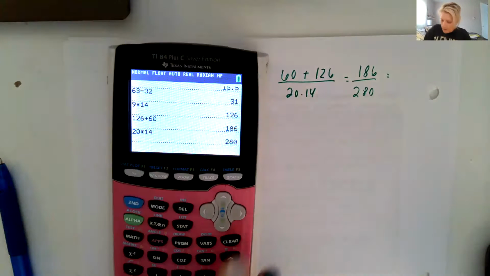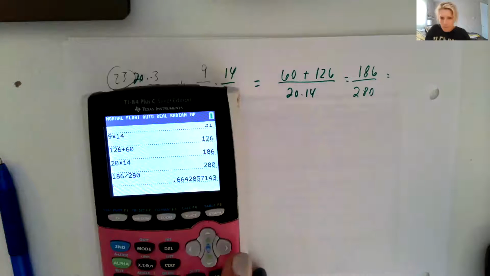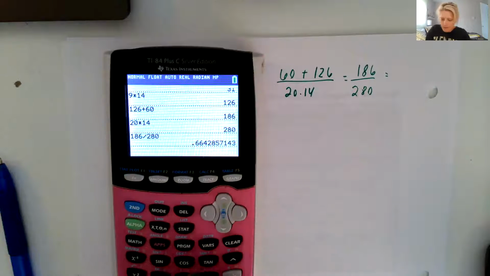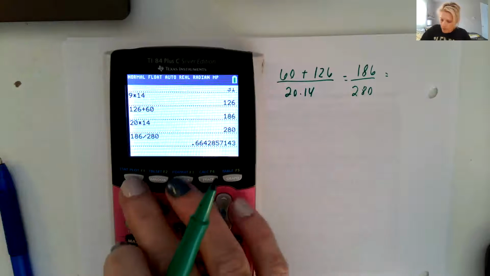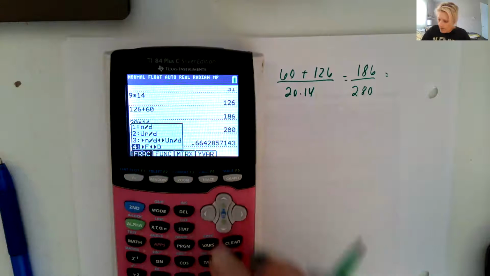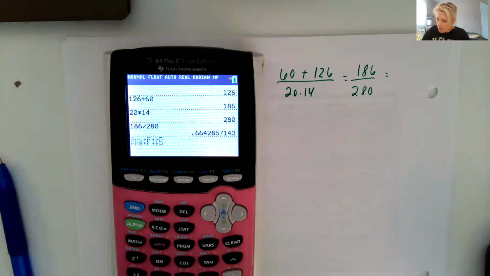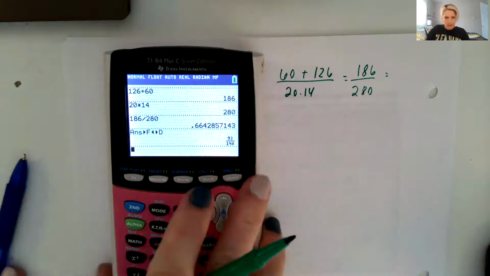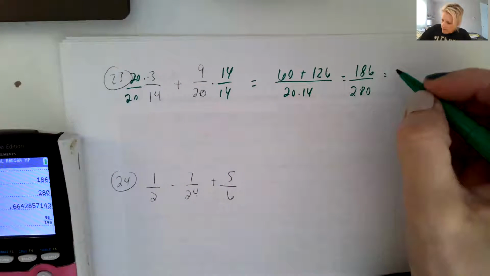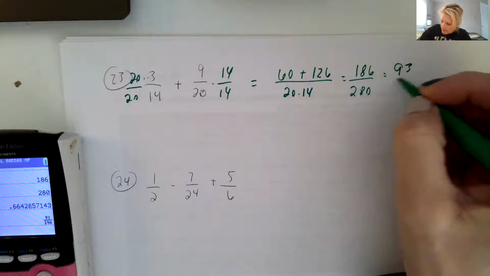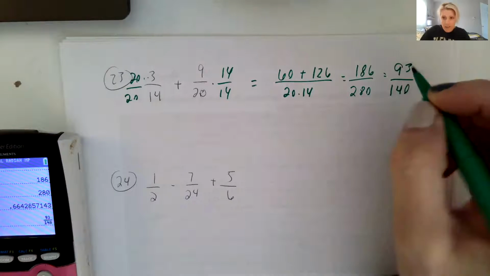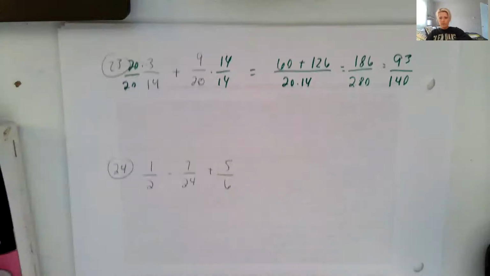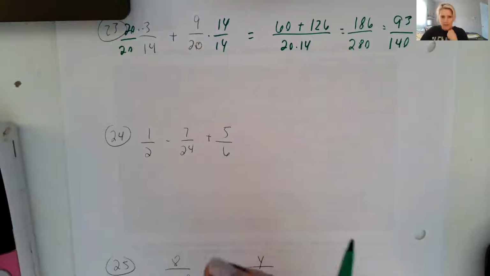And so we can reduce that, 186 divided by 280. And it's a decimal, so if we take it to a fraction form, it reduces to 93 over 140. Remember, on decimals, we'll do that for you. There's only a couple of these, and then we go to variable ones anyway.